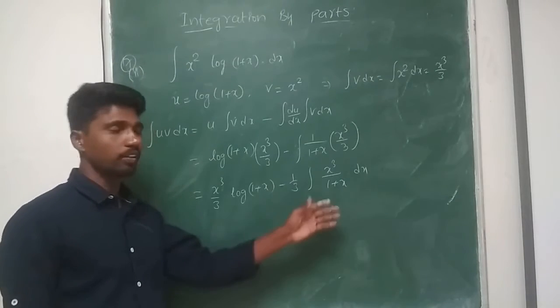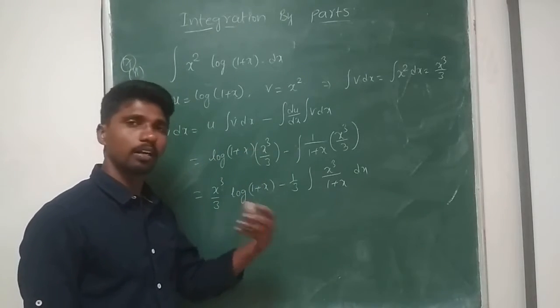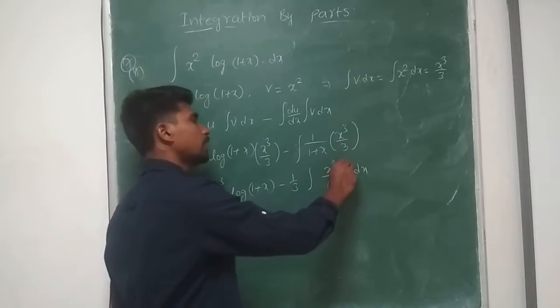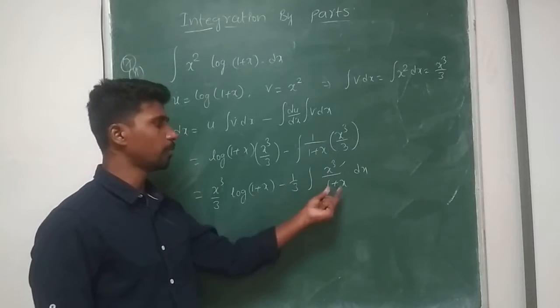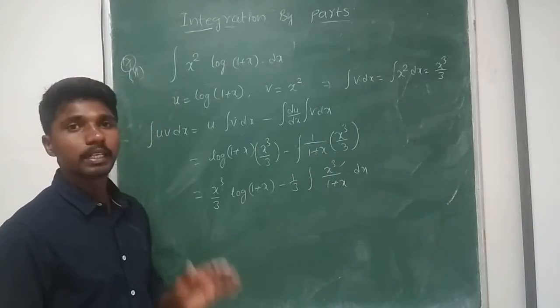So if I want to solve this, I have to recall what I have learned. The degree of numerator is more than the degree of denominator, so I have to perform division.